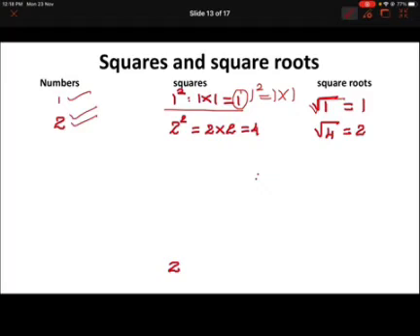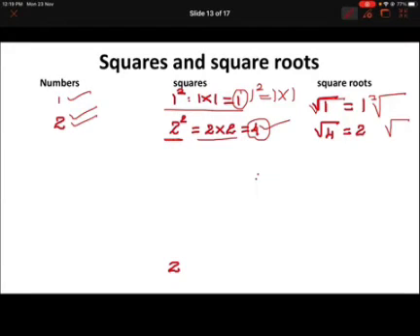Let me explain with the next number. Take the next natural number. Square of 2 is 2 into 2. All of you agree, 2 into 2 is 4. But what is root of 4? How did we get this 4? So this symbol is called root, children. Square root. If no number is written here, it means it is a square root.